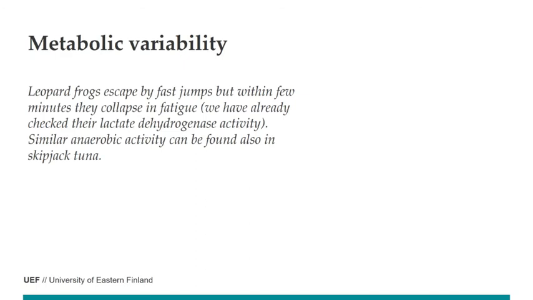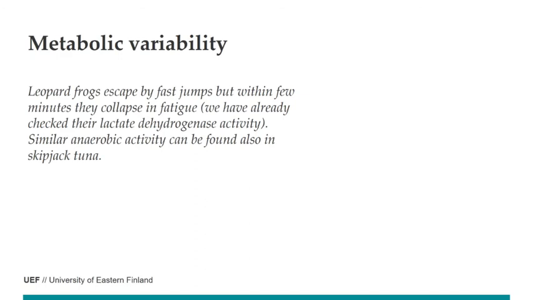So it can jump fast, because it can produce energy much faster than the toad. But it can jump only a few times, after which it's in fatigue. So it's accumulating lactate, and then it can't work anymore.